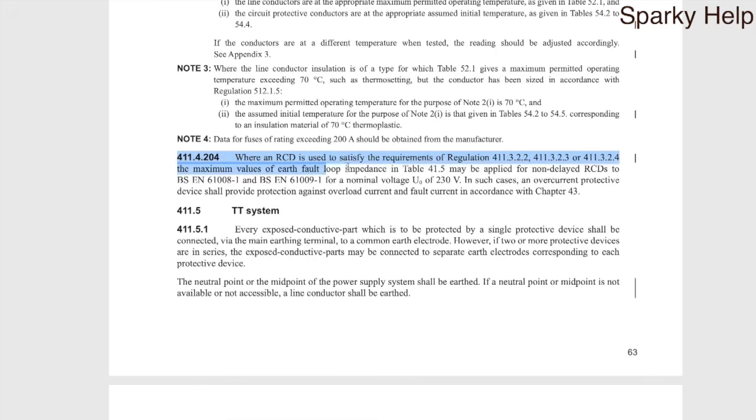So interesting point to note is this regulation here, because it's basically saying where you have an RCD used as additional protection or to meet the requirements of disconnection times, then it has different disconnection times for the RCD itself. Therefore, you don't need to look at the previous tables. What it's saying is go and look at table 41.5.